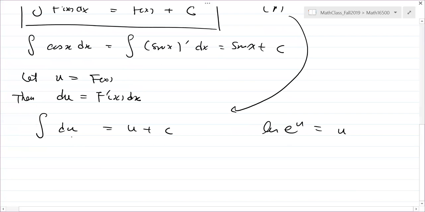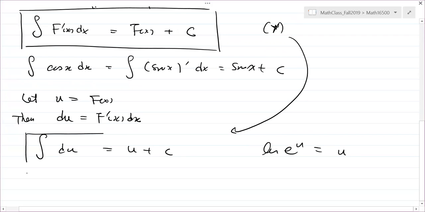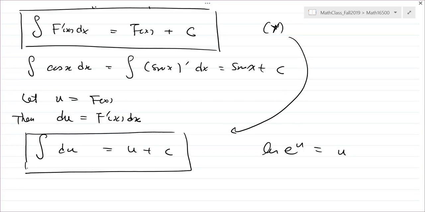This is the simplest formula, and u can be anything. If you use capital F of x, then you get the above one, and this is a simplified version where the integral cancels out. It's not du, just d, in some sense.